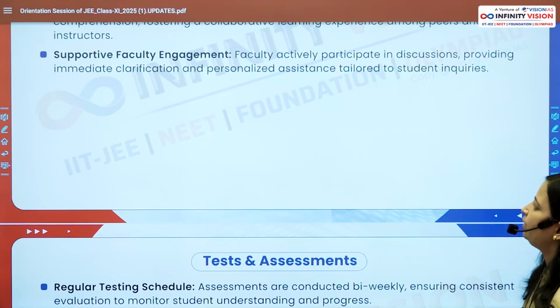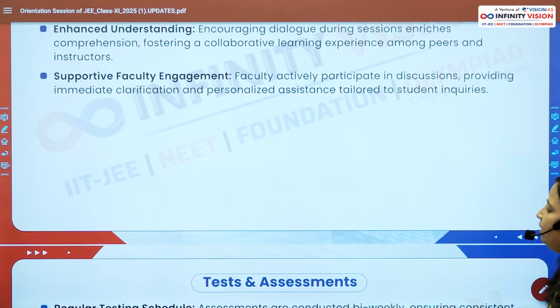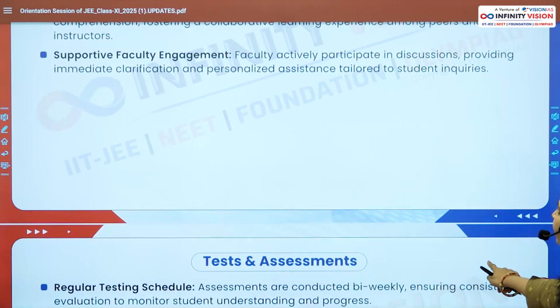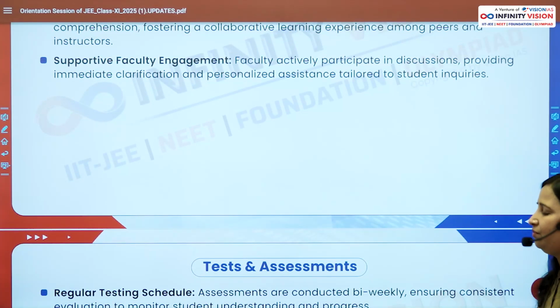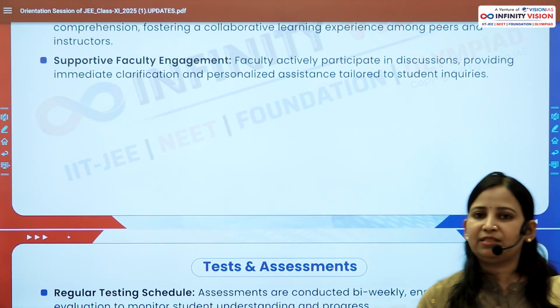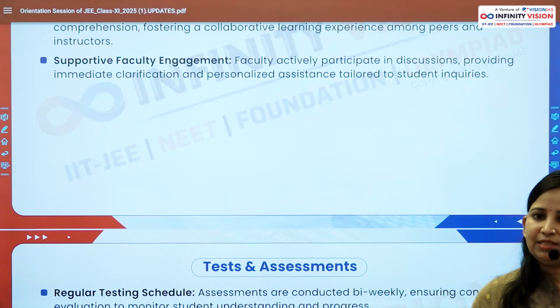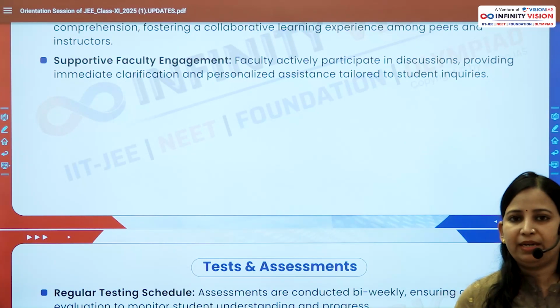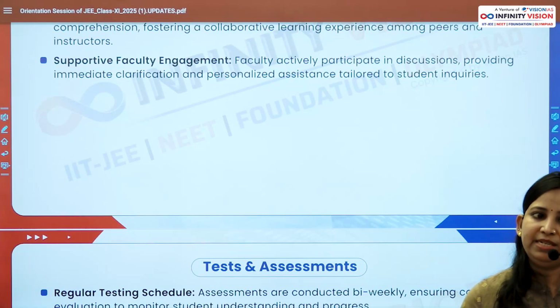Now, supportive faculty engagement. Faculty actively participate in discussions, providing immediate clarification and personalized assistance tailored to students' inquiries. We know that different students have different paces of study. Some students understand concepts quickly, but some take time and need some help.